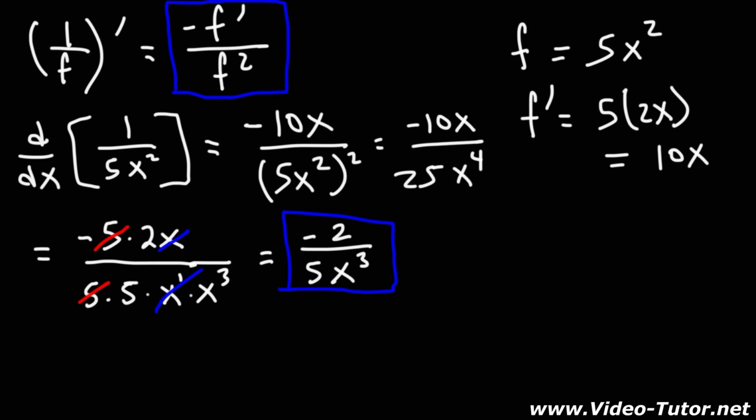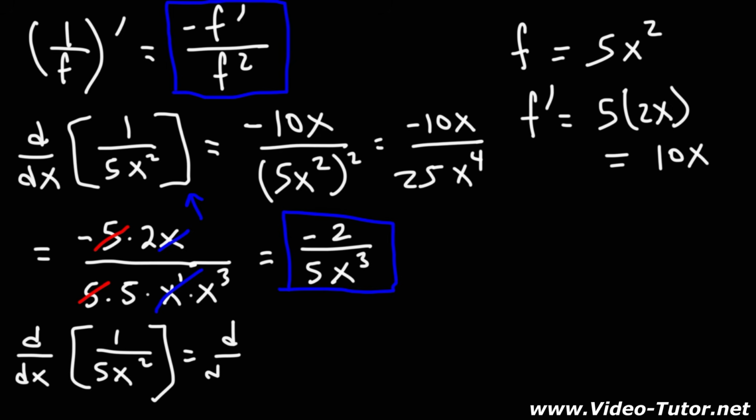Now, we can get that same answer using the power rule. So the derivative of 1 over 5x squared, well, that's equivalent to the derivative of 1/5 x to the negative 2 if we take x squared and move it to the top.